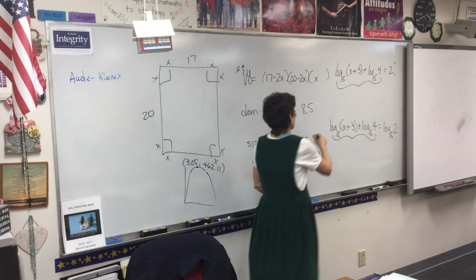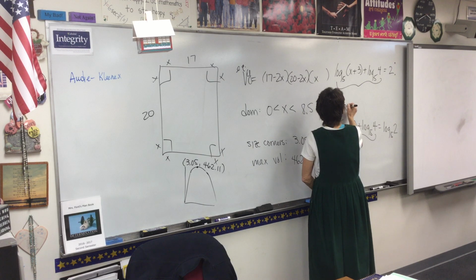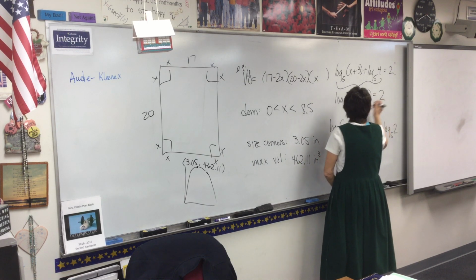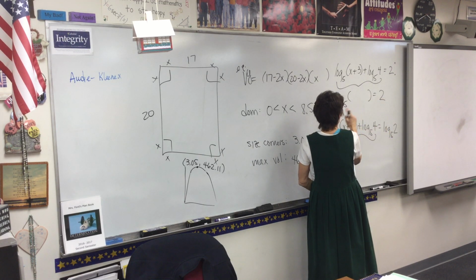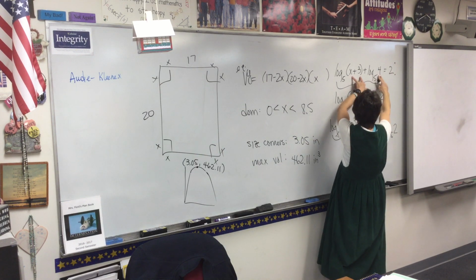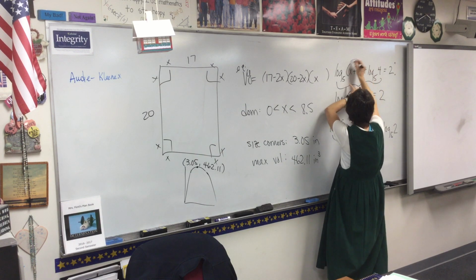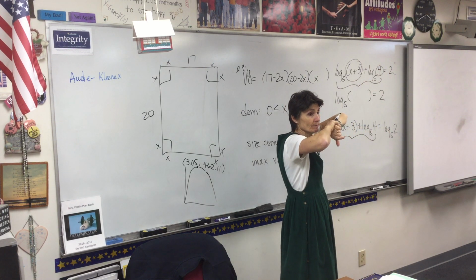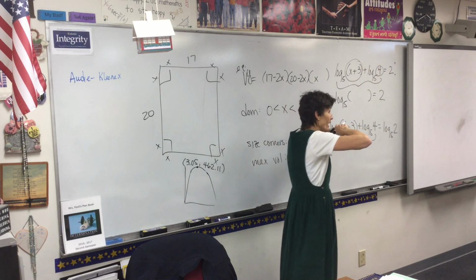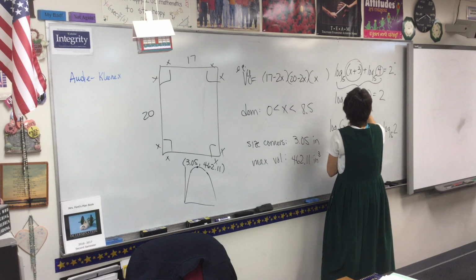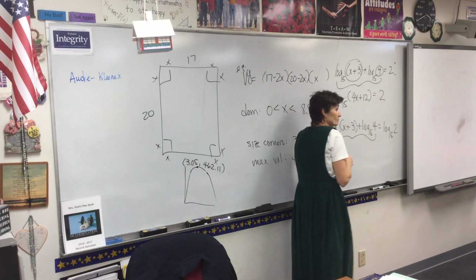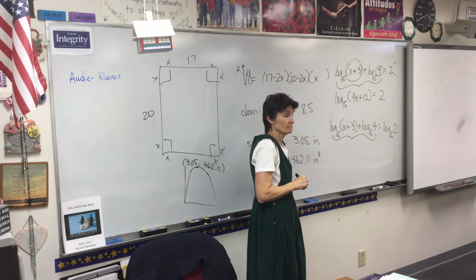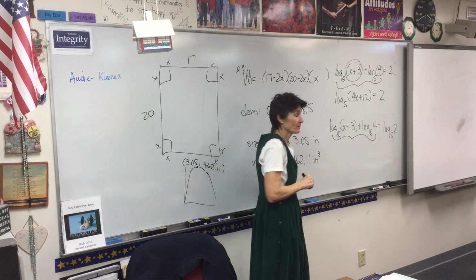Combine them. And when we combine them, there's still a logarithm, but there's only one logarithm. And somehow we have to put the x plus 3 and the 4 together. How do they go together? As a multiply. So that would be 4x plus 12. Right?